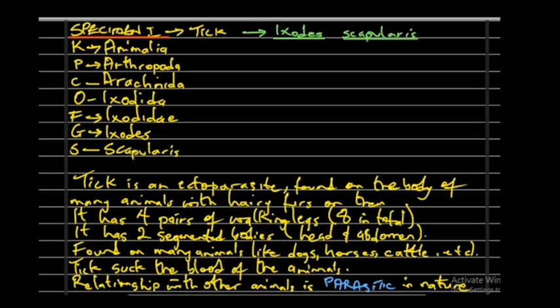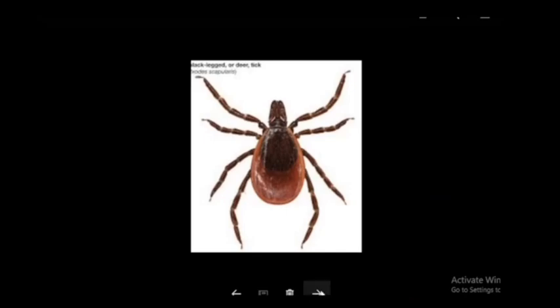They lay their eggs on the skin of the animals. They are also wingless animals. So this is what the tick looks like. You can see the head and then the abdomen. I said earlier on it has two segmented bodies, the head and the abdomen, and you can see the pairs of walking legs that it has.